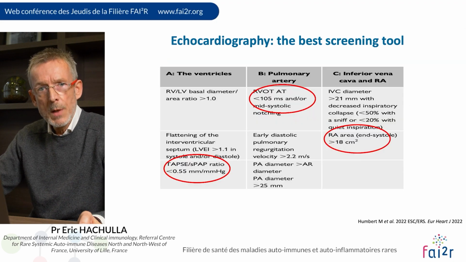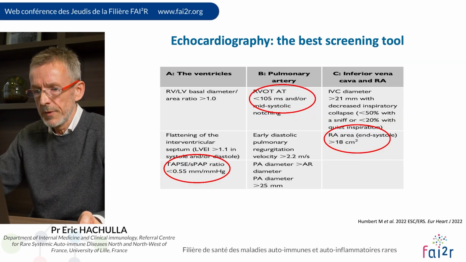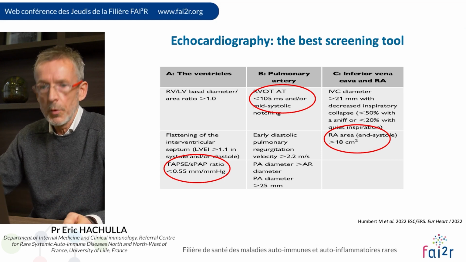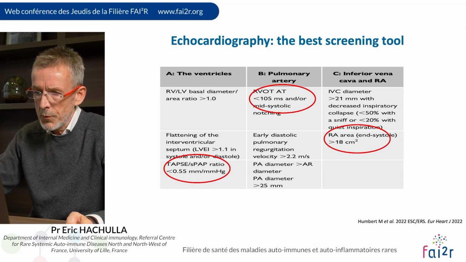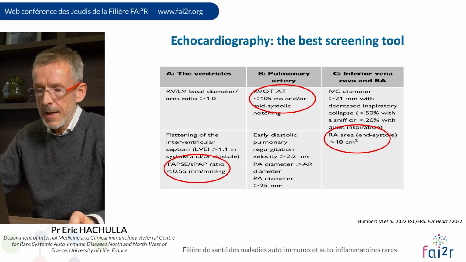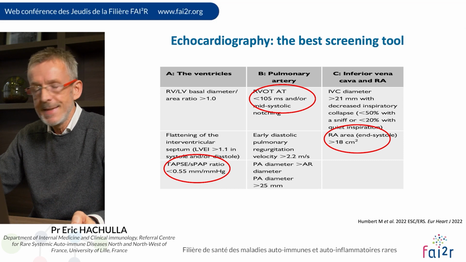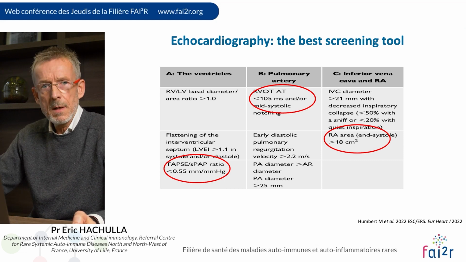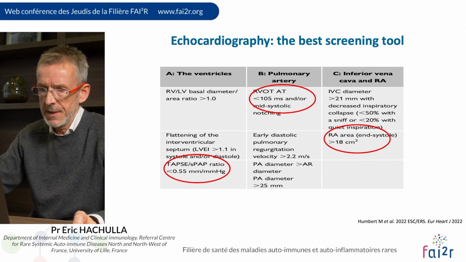What are the other signs of pulmonary hypertension on the echocardiography? Particularly 3 very important. First of all, the right atrial area. If it's above 18 centimeters squared, you have to think of the possibility of pulmonary hypertension.